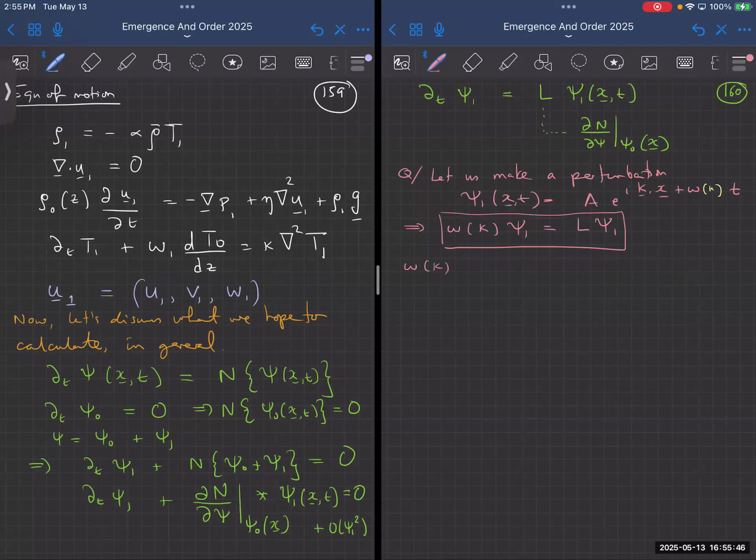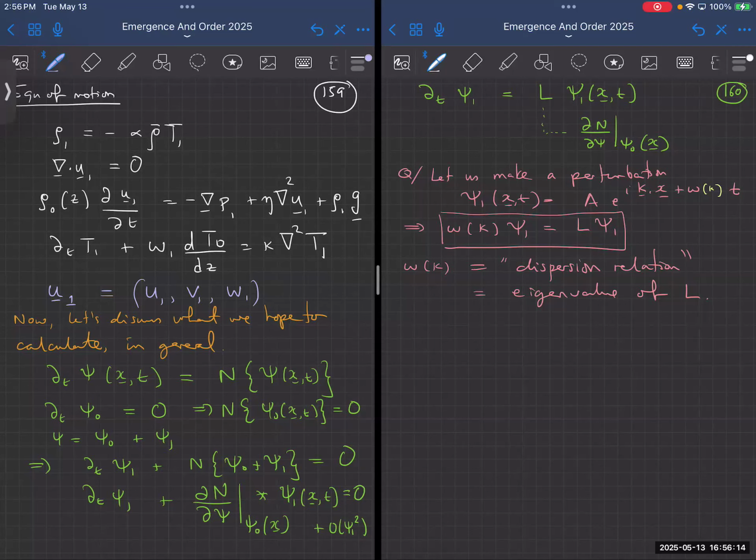Omega of k is what we call the dispersion relation, and it is an eigenvalue of the operator L. Okay, so you say, well, that's great. I know everything about eigenvalues because I've taken graduate quantum mechanics out the wazoo, so I know how to solve these problems.